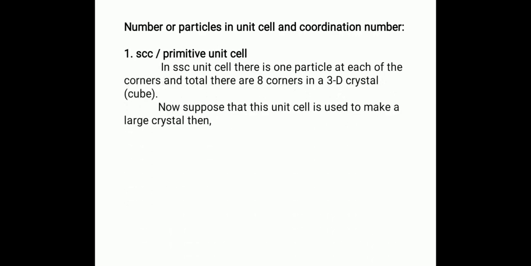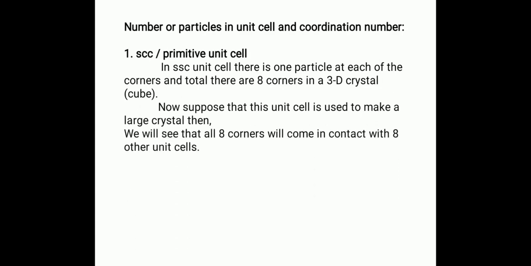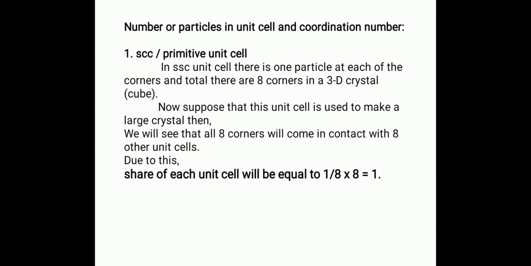So when this unit cell is used to make a large crystal, the 8 corners of the cube will come in contact with 8 more crystals, due to which the share of each unit cell will be equal to 1/8 of 8, that is equal to 1. Therefore, number of particles in SCC or simple cubic crystal is Z equal to 1.